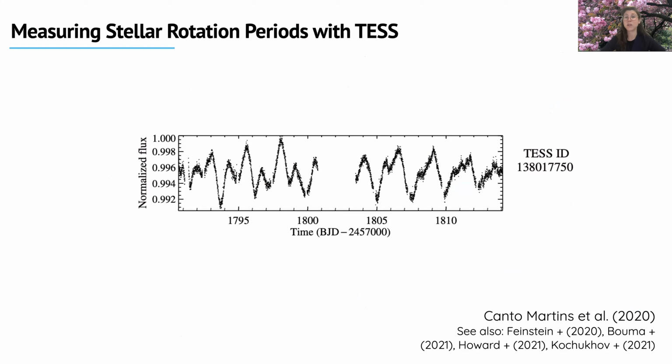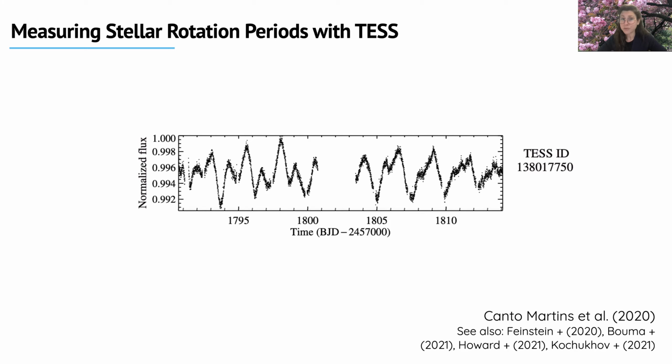So this is a star which clearly has some magnetically active regions on its surface, which means that it will have some perhaps dark star spots or bright plage and faculae, and those active regions are rotating with the surface of the star, which is creating some periodic or quasi-periodic variability, which we can use to measure the star's rotation period.